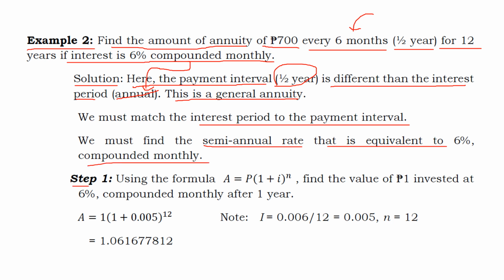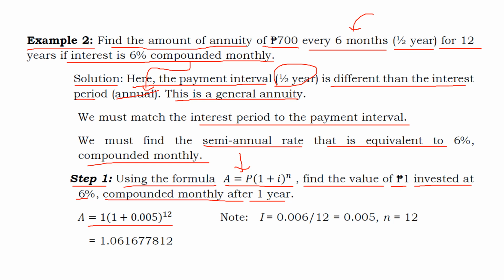For step number 1, using the formula A equals P multiplied by (1 plus i) raised to n, it's the same concept as how we compute compound interest. Find the value of 1 peso invested at 6% compounded monthly after 1 year. Your future value here is 1 multiplied by (1 plus 0.005).